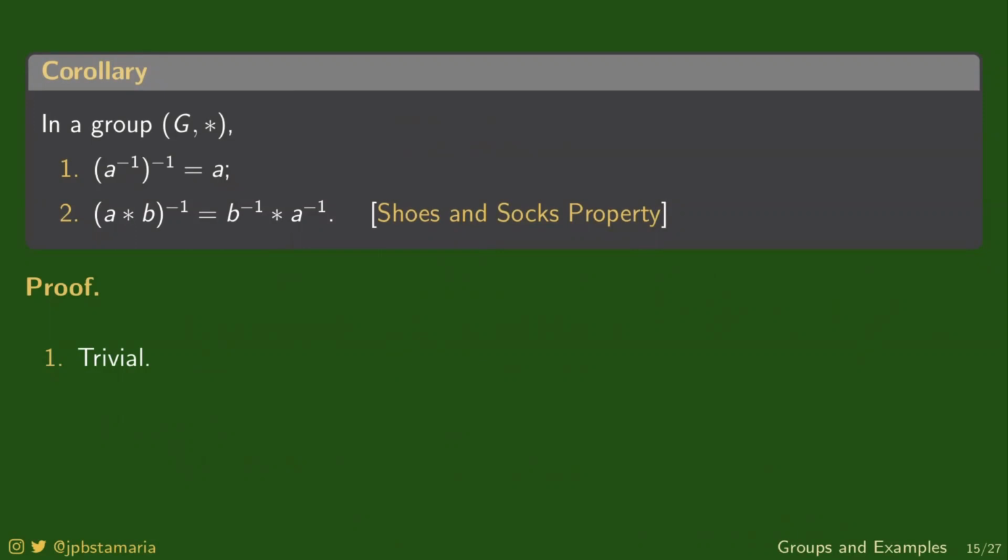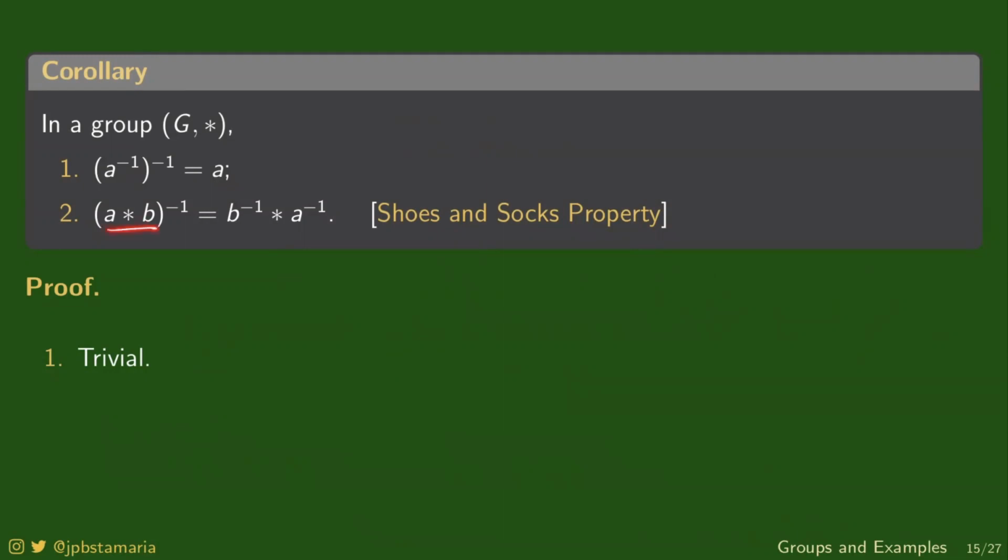But in group, meron din tayong shoes. In groups in general, meron tayong tinatawag na shoes and socks property. This talks about the inverse of the product AB. Kasi remember, if A and B are elements of G, yung A times B, nasa G ulit yan.